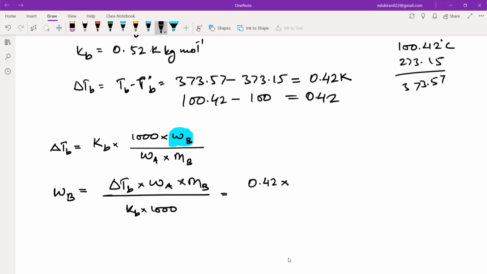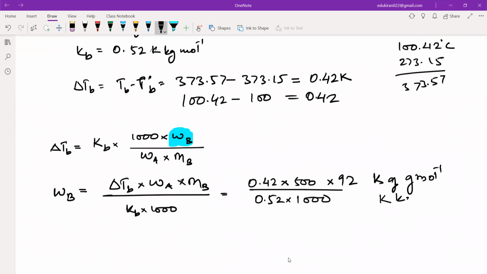Delta TB is 0.42, WA is 500 grams, into MB, which we calculated as 92. Let us ignore the units, we don't need them now. This will be in Kelvin, this in grams, 92 will also be in grams per mole. KB is 0.52 into 1000, in Kelvin kg per mole.